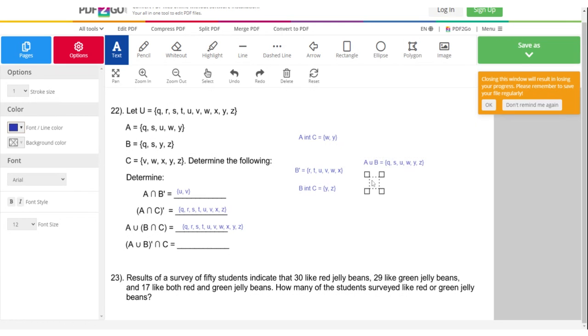So what's not, it's R, T, V, and X. Because Y and Z are in there.